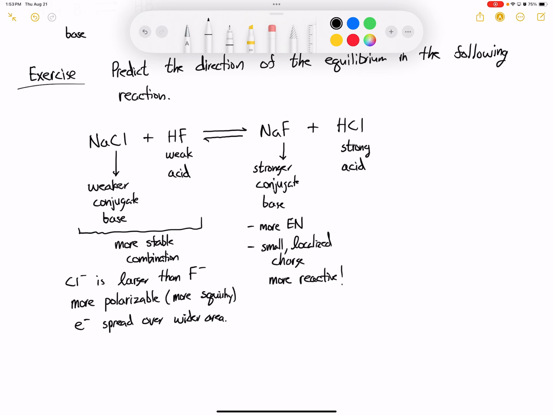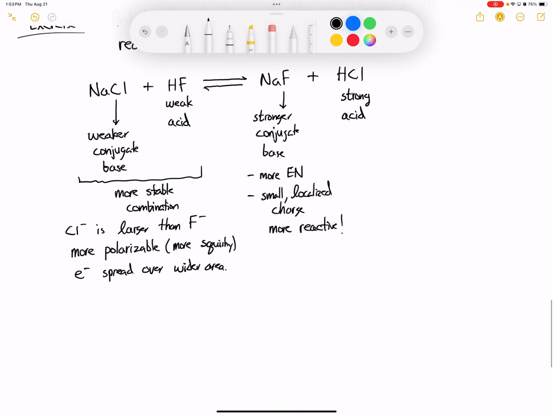All right, so now let's just write the reaction in the direction it goes. Okay, so sodium chloride plus HF will proceed in this direction. All right, so shortcut here, just look at which side the weak acid is on.